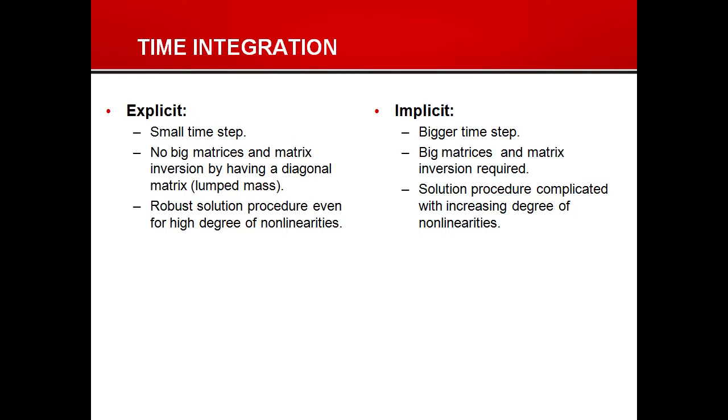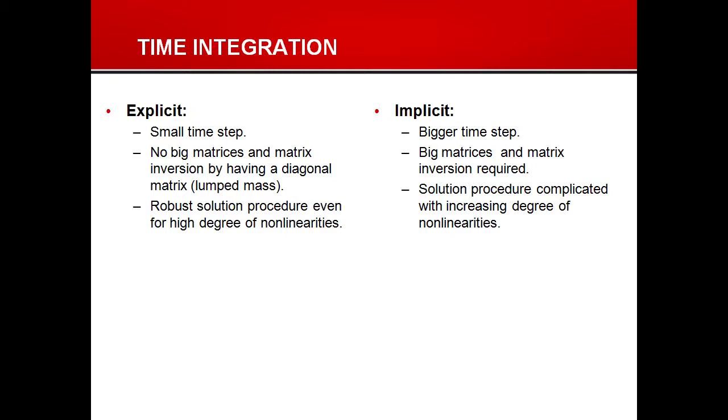Explicit also has the advantages that there are no big matrices and no matrix inversions required, so we don't have to deal with extremely large scratch files, if you will. I think we've all thought that disk space is cheaper now, but it's still becoming an issue as people run more and more complicated simulations. And again, on the explicit side, very, very robust solutions when we have high degrees of nonlinearities.